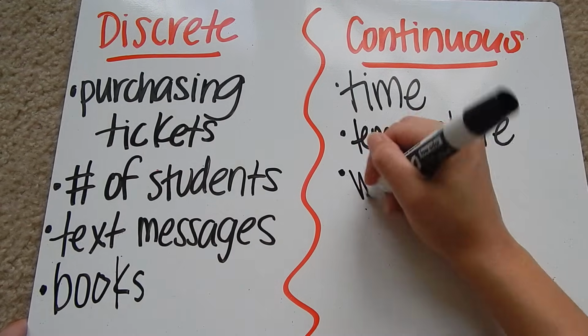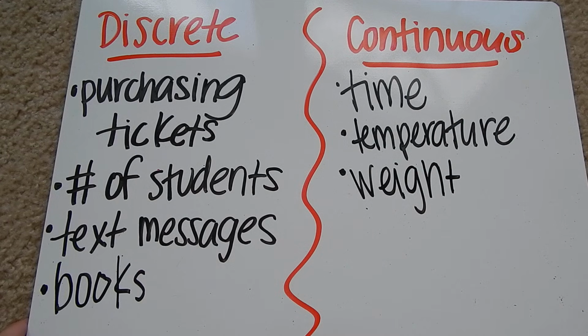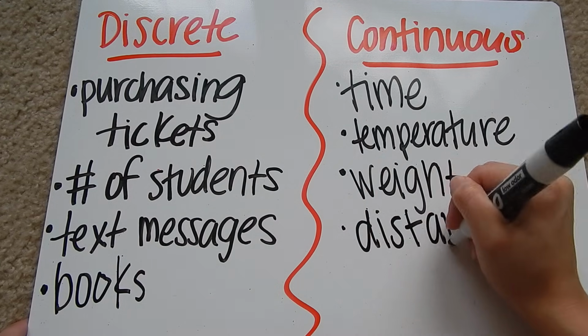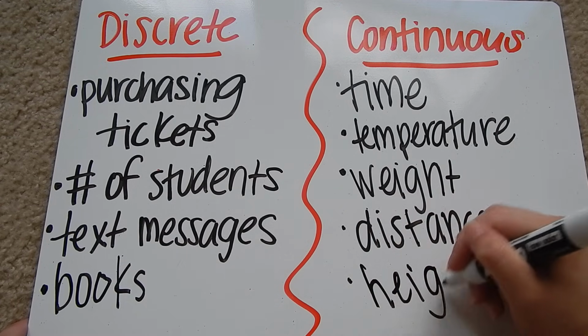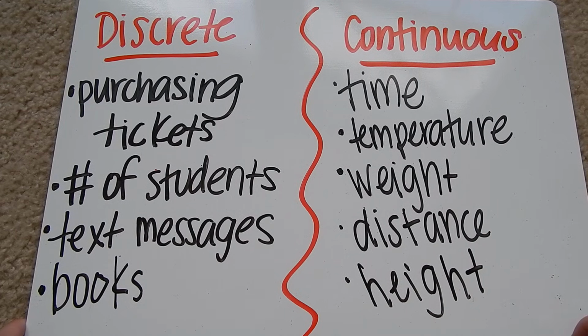Something else could be weight. All of these things you measure. Weight, distance, height. So those are just a few examples of things that are continuous.